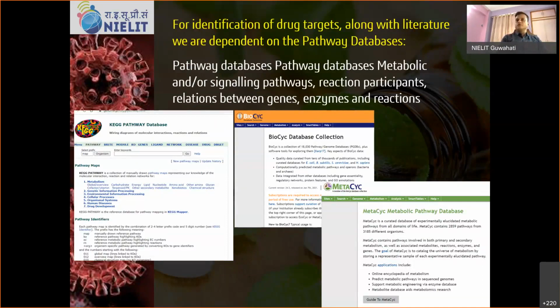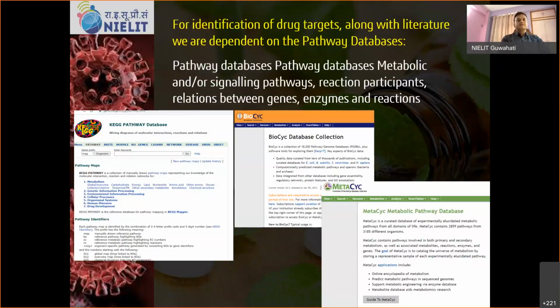The KEGG pathway database is the most popular one, which can be used to identify specific metabolic pathways where we can target to get compounds identified from natural sources to block those metabolic pathways or signaling pathways, reactions. But we will definitely target the enzymes which are involved in those metabolic pathways.